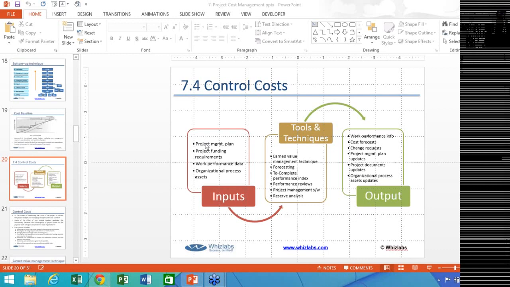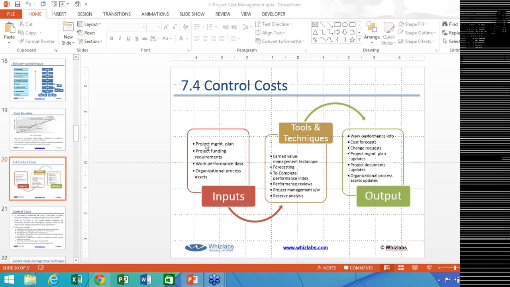As a result of performing the earned value analysis, we come to know how we are performing on scope, schedule, and cost. On cost, we might have spent more than planned, or on schedule, we might be going ahead of or behind the schedule. So there are certain parameters using which we evaluate the performance of the project.